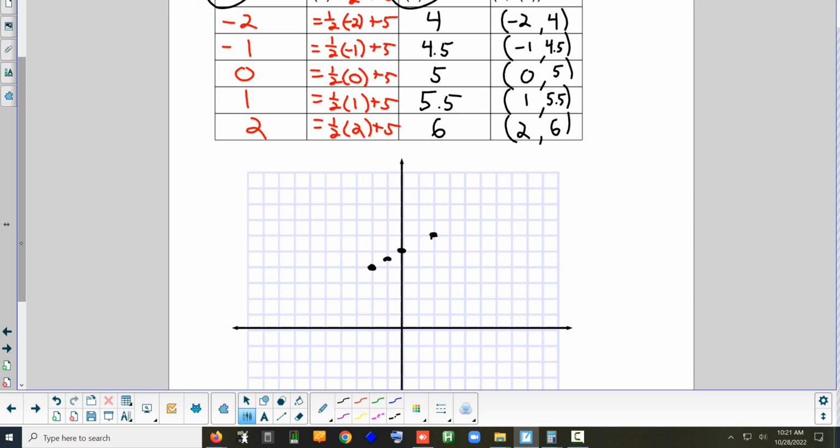You go over 1. Which way? Left would be if it was a negative. Right. So right 1, yep. And up 5.5. Yep, perfect.